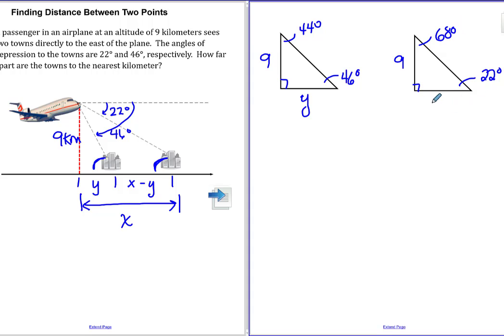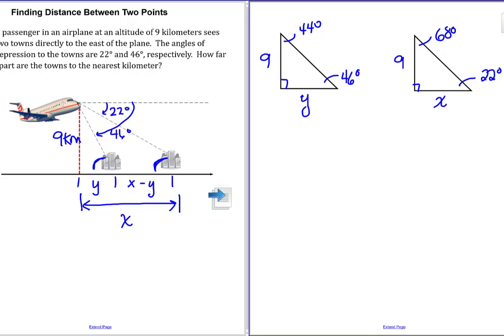So that gives us the height for the airplane all the way out to the second town, which is X. So we've got 2 triangles to resolve. And I can resolve this first one either using opposite to adjacent or adjacent to opposite. I happen to like the 44 degrees because it puts my variable in the numerator. So let's approach it that way.